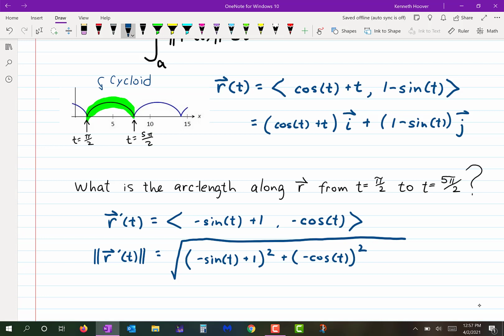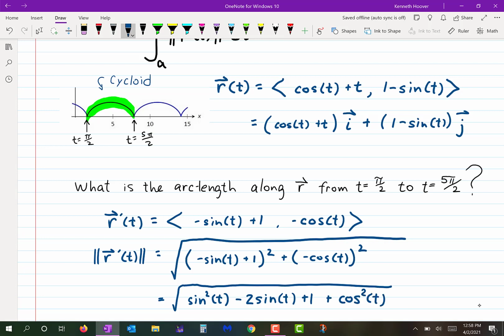Let's simplify that. That's going to be the square root of sine squared t minus 2 sine of t plus 1 plus cosine squared t.